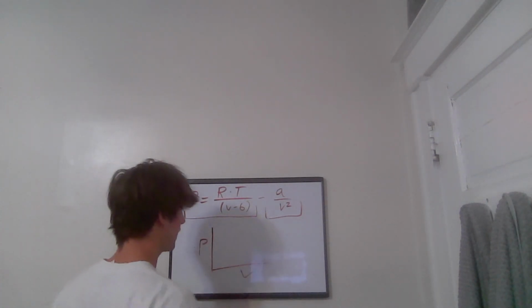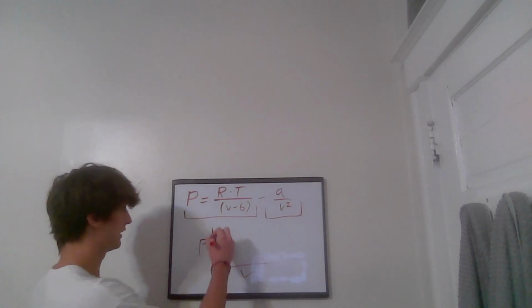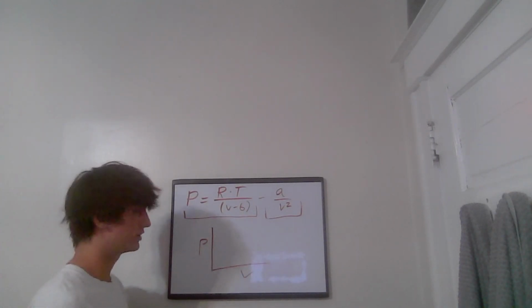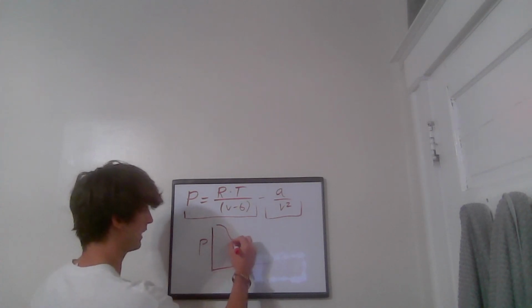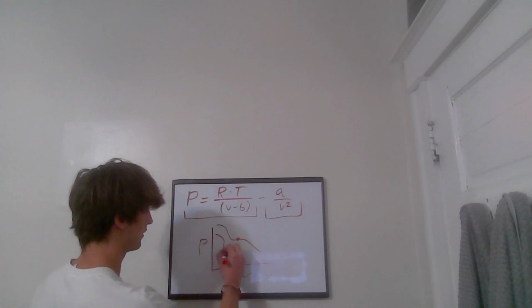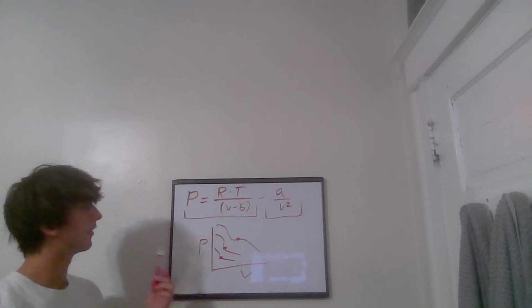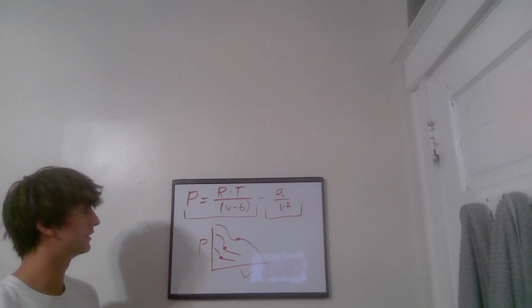On our pressure versus volume graph, the way this is seen is we're going to have our pressure versus volume changing, and it's going to do this, and we're going to have our points of inflection right in the middle here. It's going to change depending on our equation and our attraction constant.